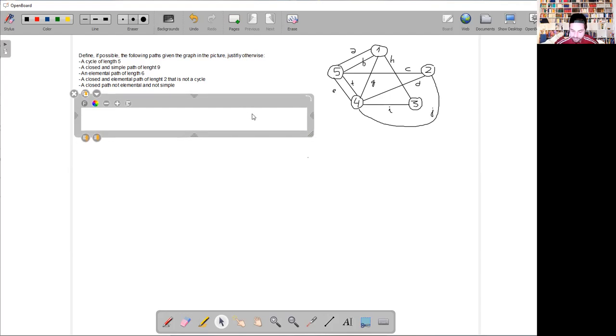Starting by elemental path, it is the path where all the vertices are different except the endpoints. Okay, so that means that there are no repeated vertices.